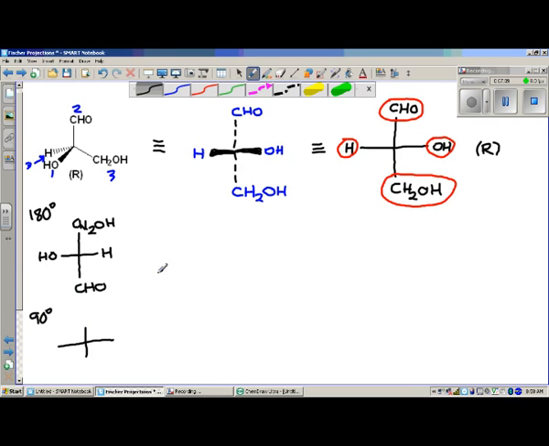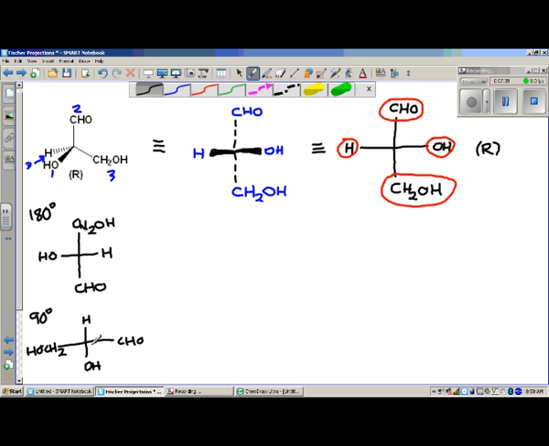So my CHO is going to end up to the right here, and I'm just shifting everything one group to the right. I'll put my hydrogen here, and then my CH2OH goes here.